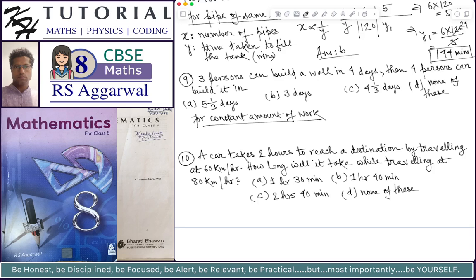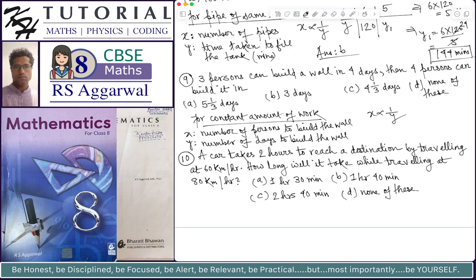So for constant amount of work, if we consider x to be the number of persons required to build the wall, and y is the number of days required to build the wall, then obviously we can say that x is varying inversely with y, because to build the same wall, more persons will build it in less number of days, and less persons will take more time.